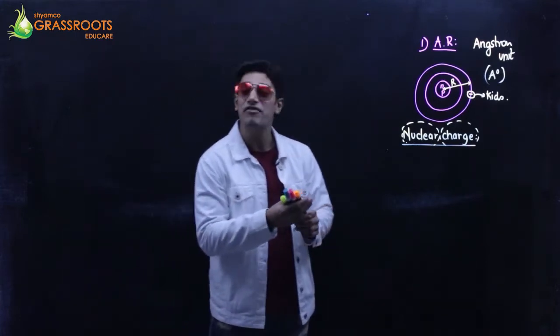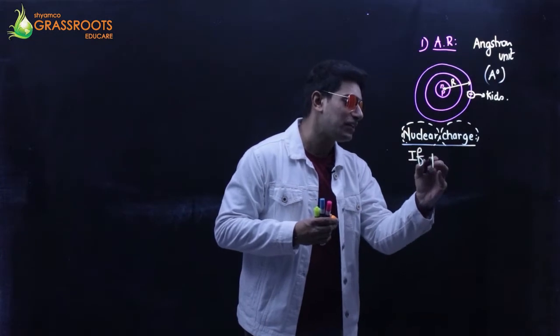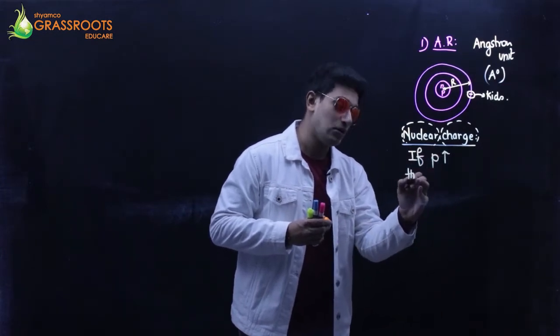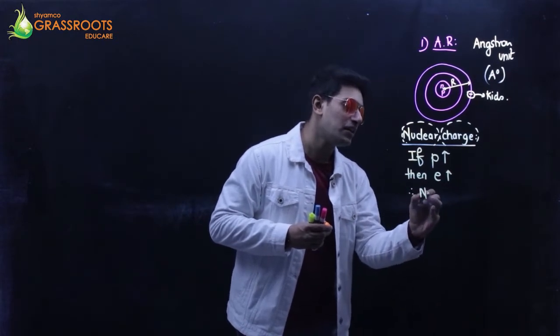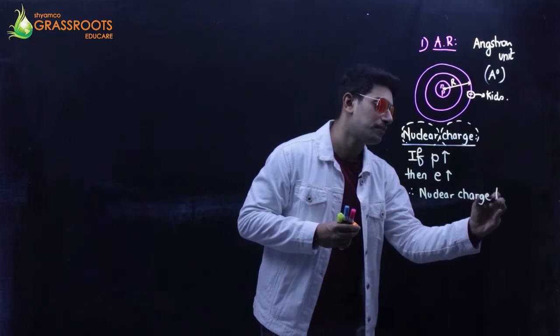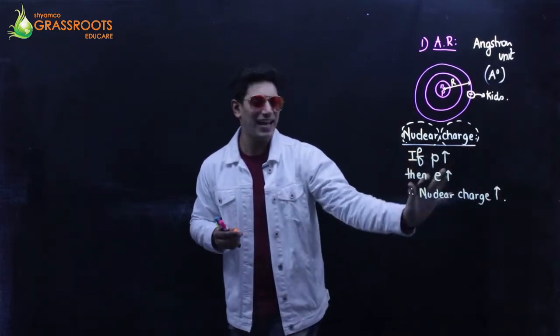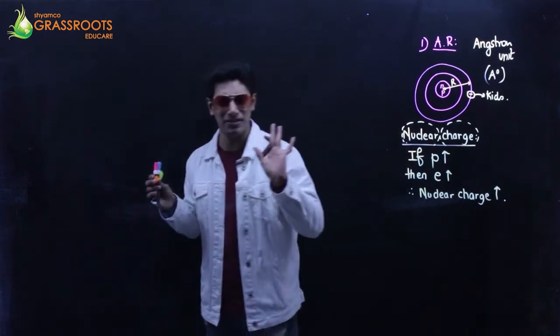So keep it very simple. If protons increase, then obviously the electrons will also increase, and I can say the nuclear charge increases. Remember, this is like a base. Everything increases. A direct proportionality, people.